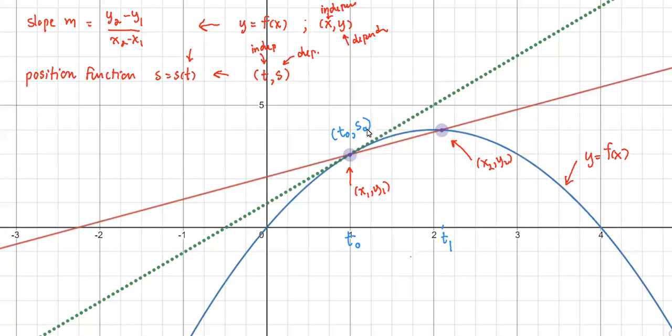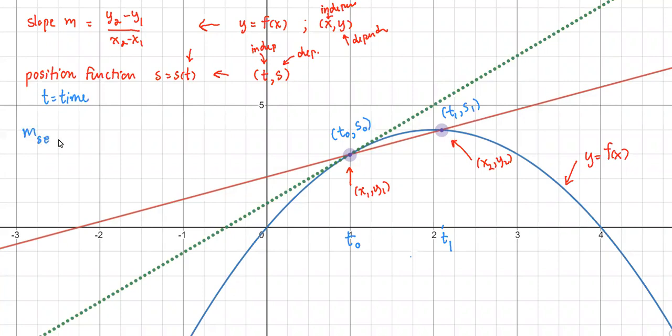Okay, just map it out from the xy version to the st version, and this is my t1 comma s1. Okay, s as a position and t as a time, so I'm gonna find another version of the slope.